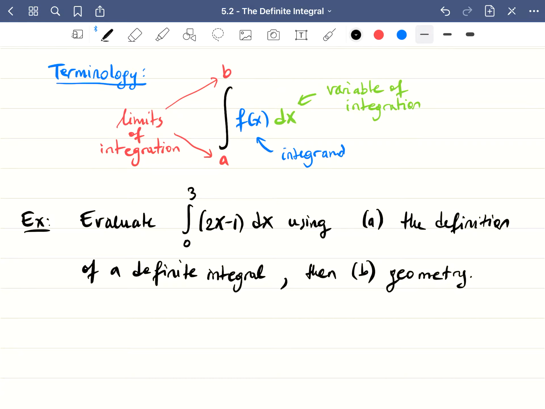Of course, for each of these parts, a and b, we should find the same answer. All right, let's do a first.